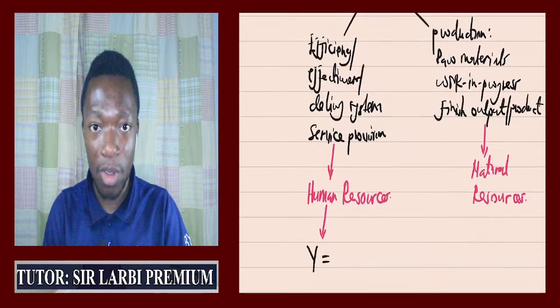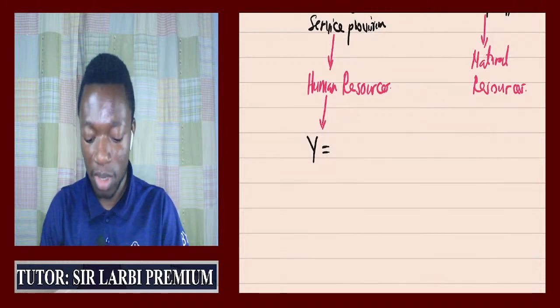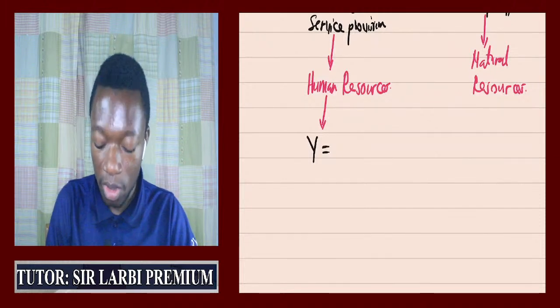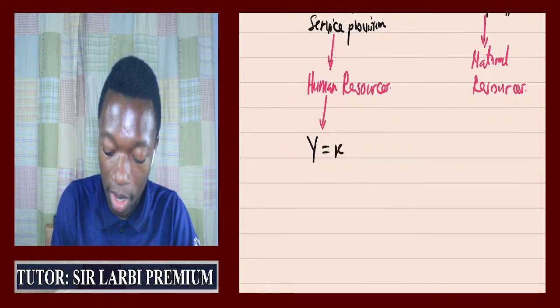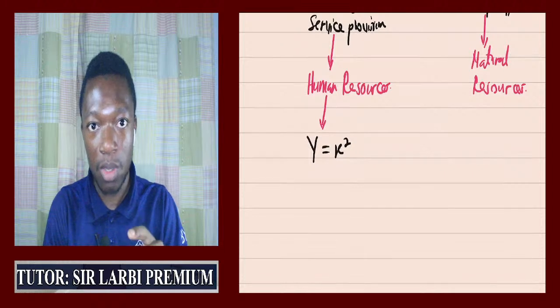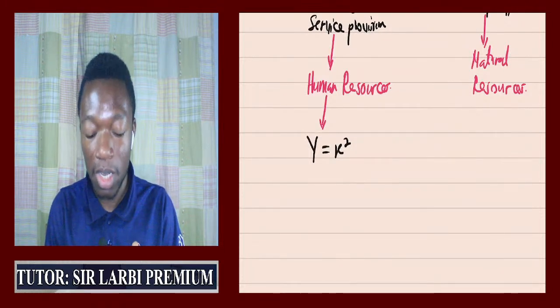So efficiency or effectiveness, one of the key things that can affect this aspect of human resource can possibly be quality management. So let me represent quality management by, let's say, X square. Quality management, generally, is one aspect that can affect the efficiency and effectiveness of human resource.